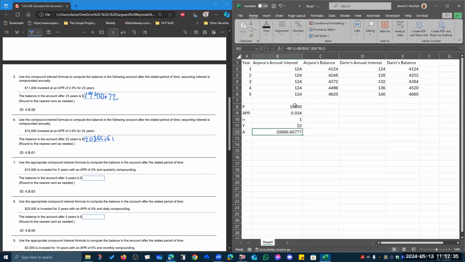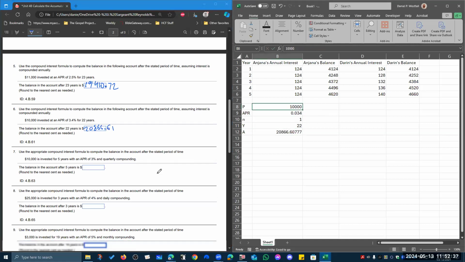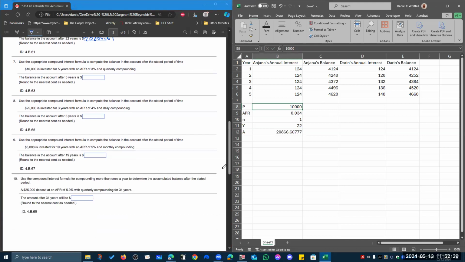Now we've got quarterly compounding, so $10,000 again. It's invested for 5 years quarterly, and the interest rate is 3%. So that gives us 11,611.84.